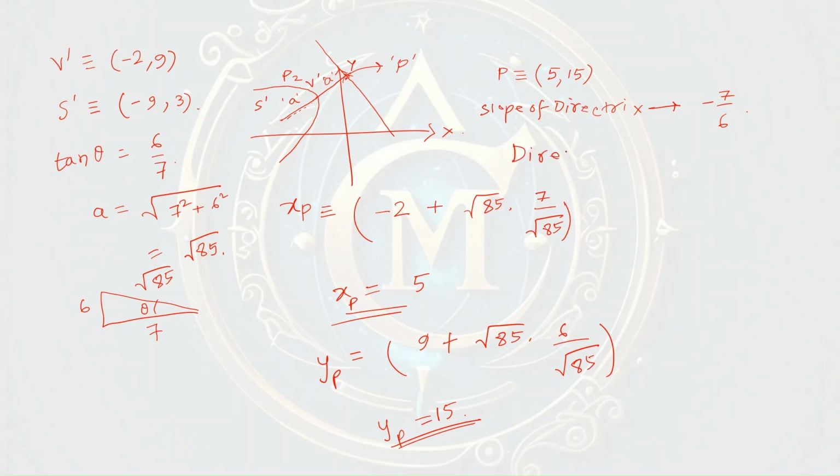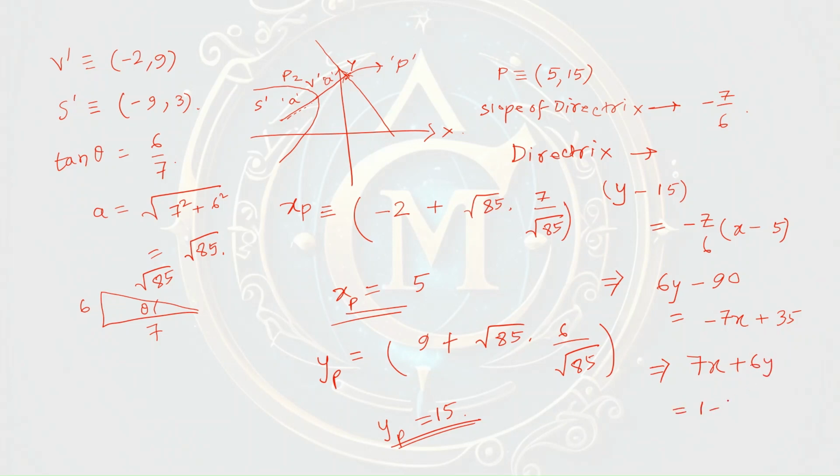So directrix will be y minus y1 is 15, then slope times x minus x1. x1 is 5. We can write the equation as 6y minus 90 is equal to minus 7x plus 35. So this comes out to be 7x plus 6y equal to 125.